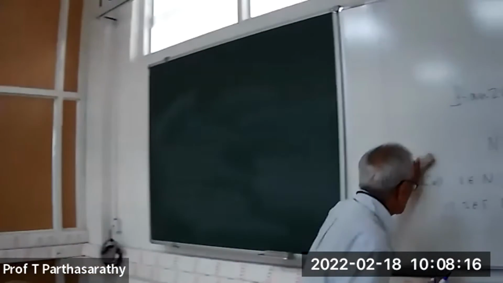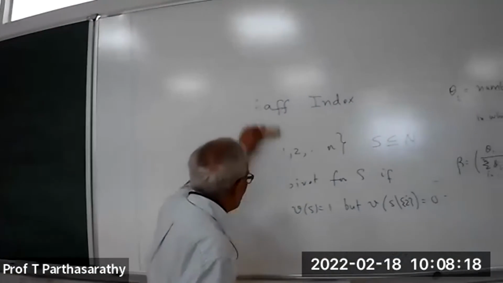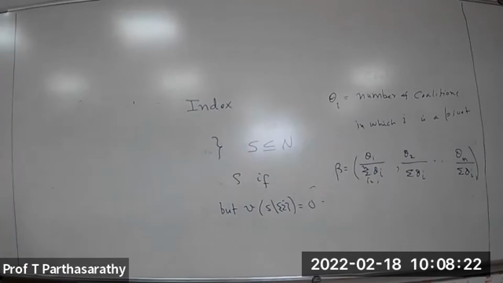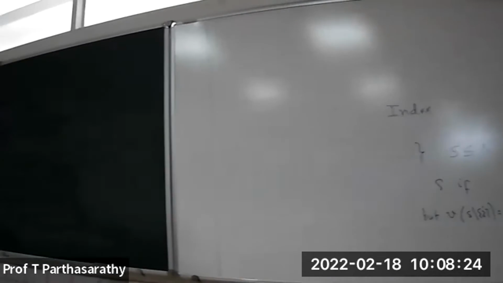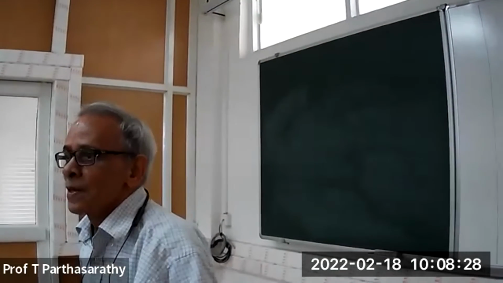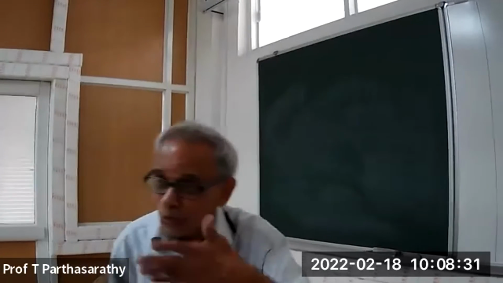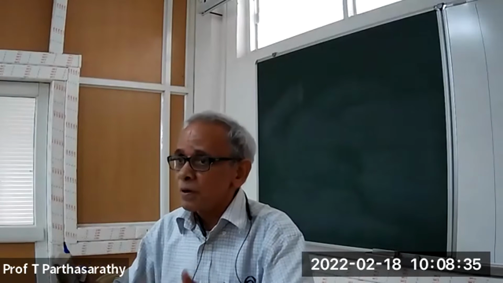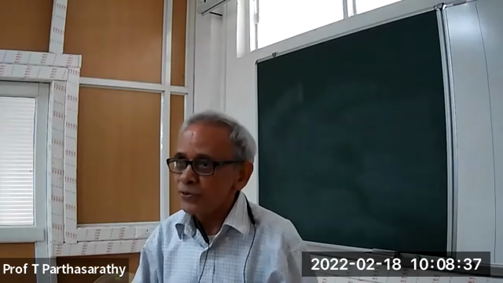So let me give you an example. The one thing is he wrote a very long article about this, which appeared in the legal journal, something like 60 pages. I don't know whether our library has it, but I have that paper with me.